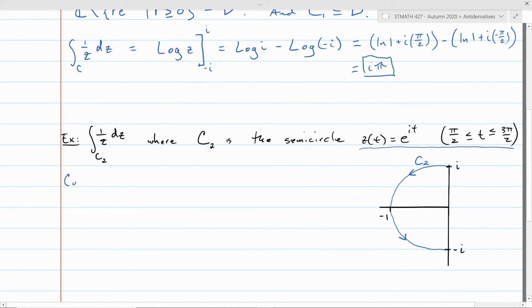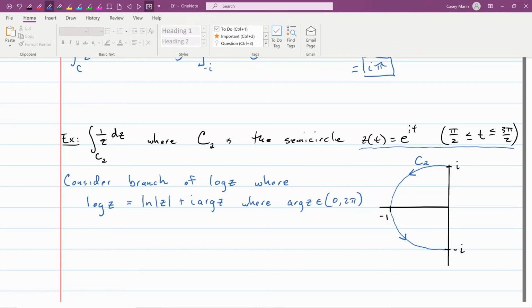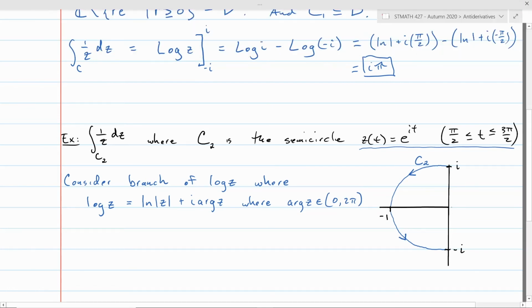So let's consider the branch of log z where log z is equal to natural log of the modulus of z plus i arg z, where we restrict the arg to be in the interval from 0 to 2 pi. What I'm doing here is putting the branch cut along the positive x-axis.